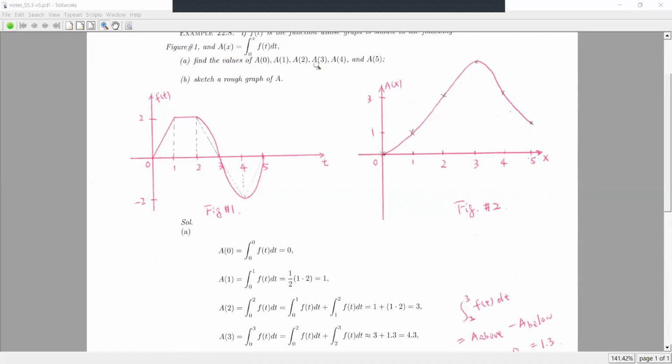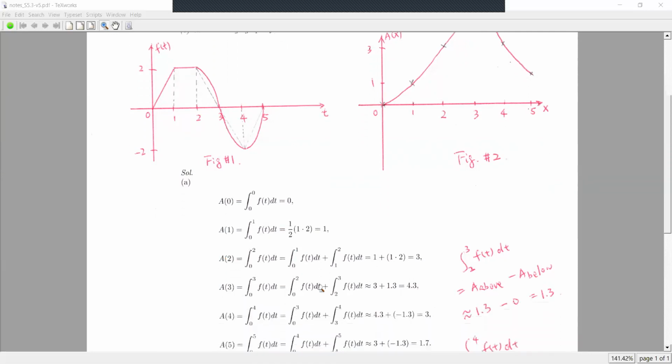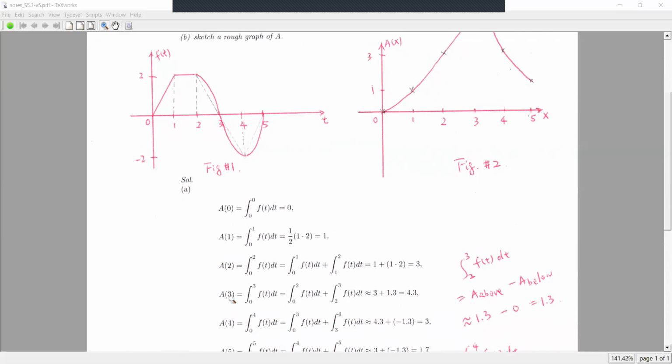Now, A of 3. Plug in the number 3 for x, then A of 3 is this integral. I split this integral into the integral from 0 to 2 plus the integral from 2 to 3. The integral from 0 to 2, I got it: it is 3.